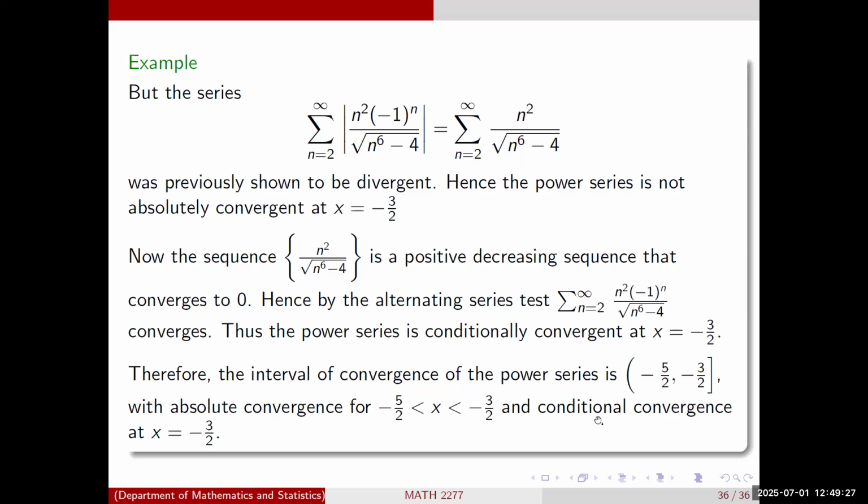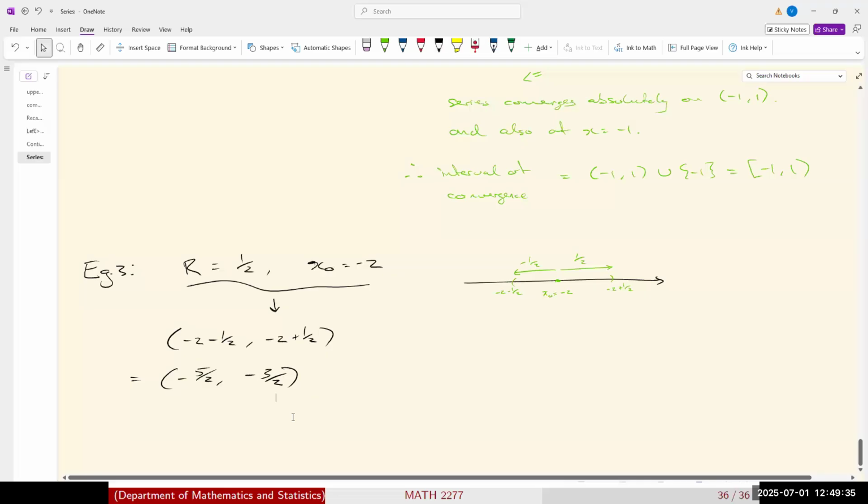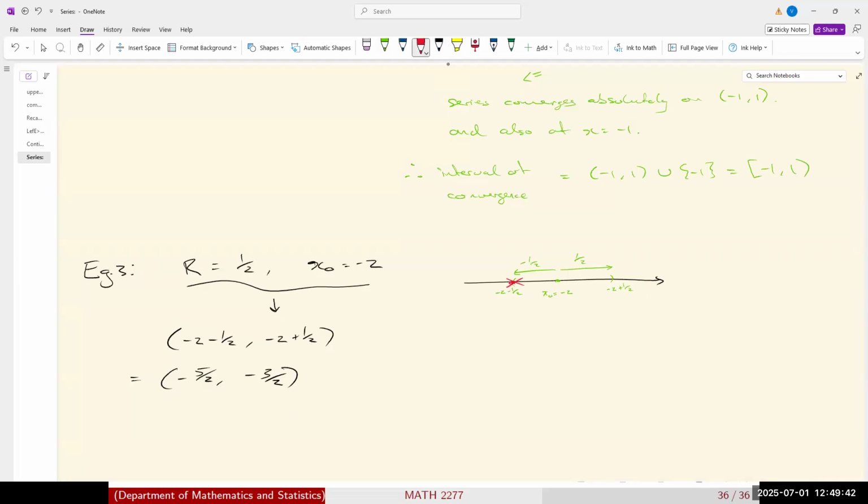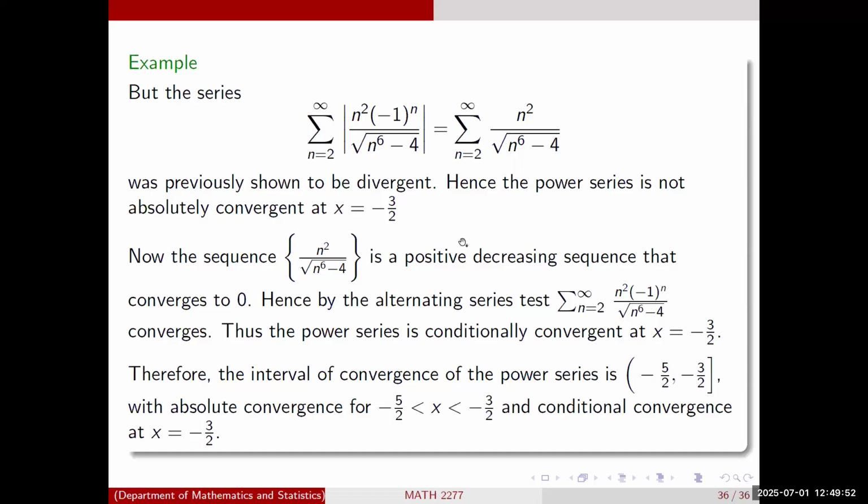And conditional convergence at the point x equal minus 3/2. Okay, so it's saying that this point over here, it did not converge. This point over here, it converged, right? But not absolutely, right? So that is the story.